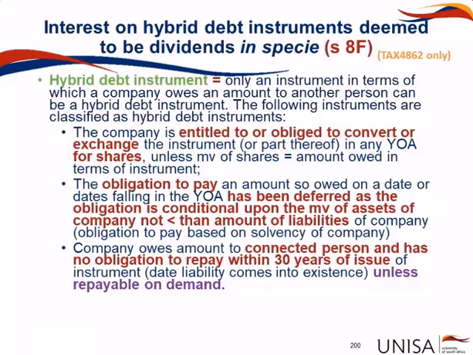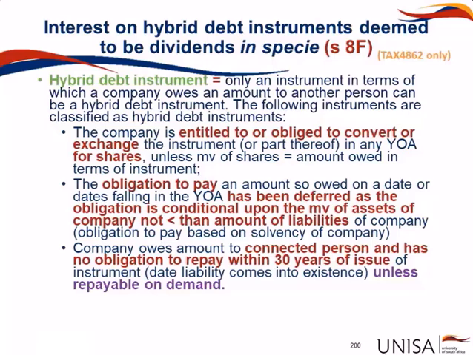We're talking about where there is an obligation to convert. So it could be that there are a set amount of shares that it would convert into, regardless of what the market value is of the shares at that time where that debt instrument is converted.